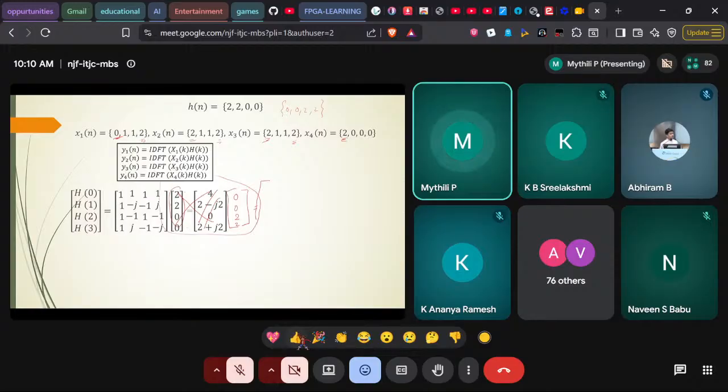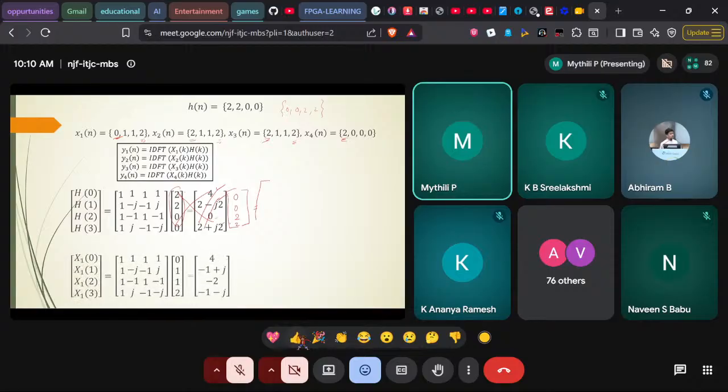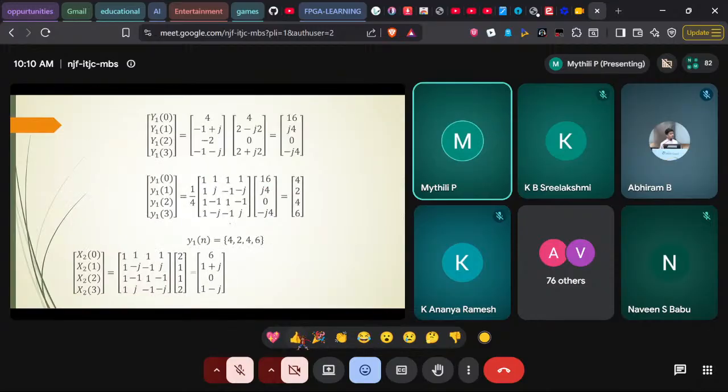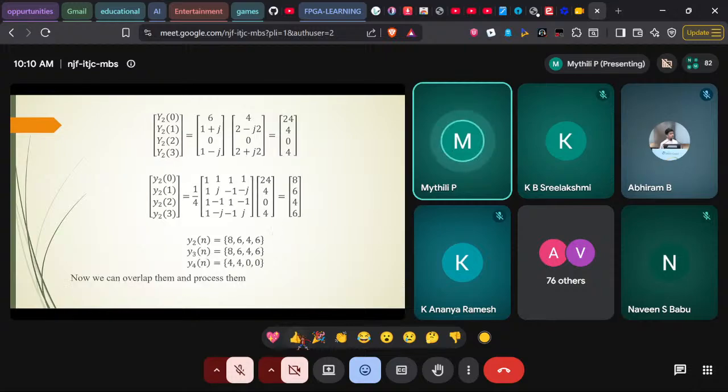The values are correct here. They are 4, 2 minus j2, 0, 2 plus j2. Sorry. So then you get x1. So you got y1, 4, 2, 6, 4, 6. Same way you find out y2, y3, y4.